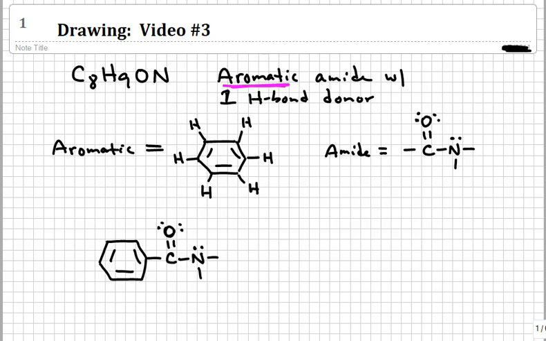Am I going to put it on the ring? Am I going to draw a carbon off this ring? I say no, because I have asked you in this problem to only have one hydrogen bond donor. So I know I'm going to have only one nitrogen-hydrogen bond, because there's only one hydrogen bond donor.